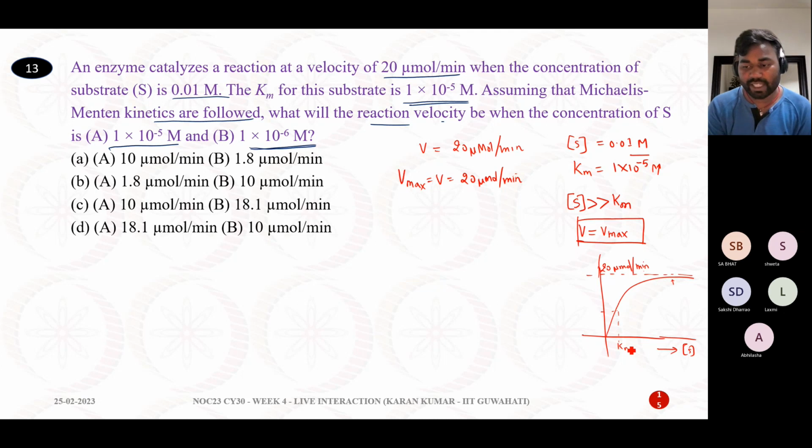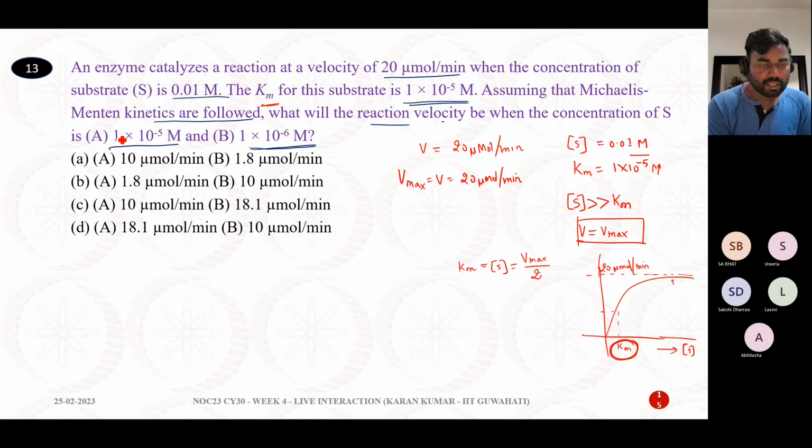Now can somebody tell me what the Km is? Km is nothing but the substrate concentration at which the reaction velocity is half of its maximum, right? Vmax by 2. Okay, so it is given that Km is equal to this.